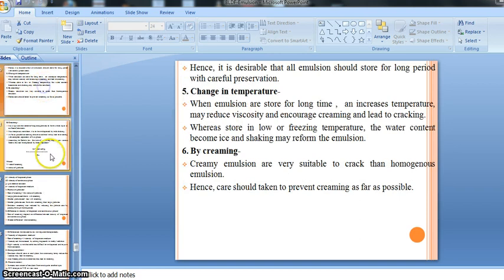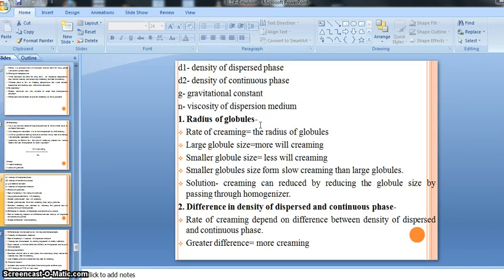Then there are also some reasons by which our preparation becomes creamy, right? There is the radius of our globules. We know that if our globule size is large, we will get a large radius, and if our particle size is small, we will get a small radius.